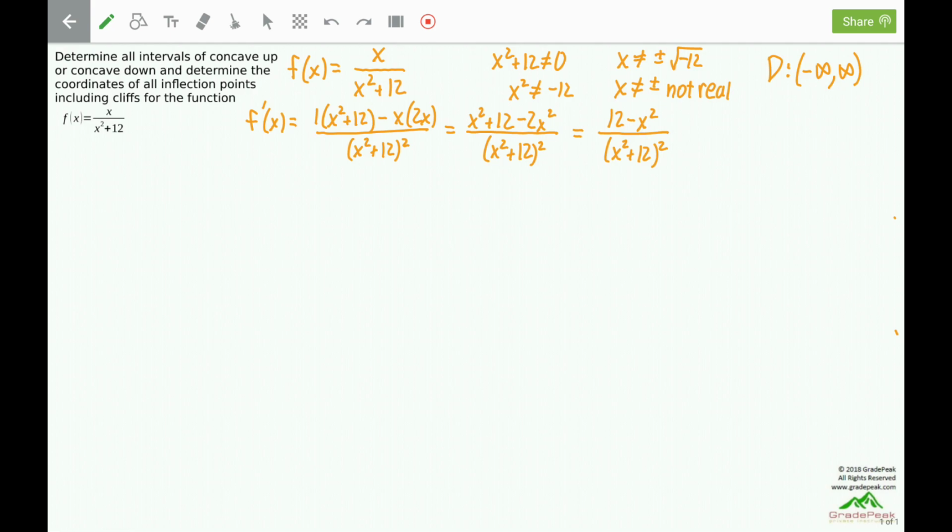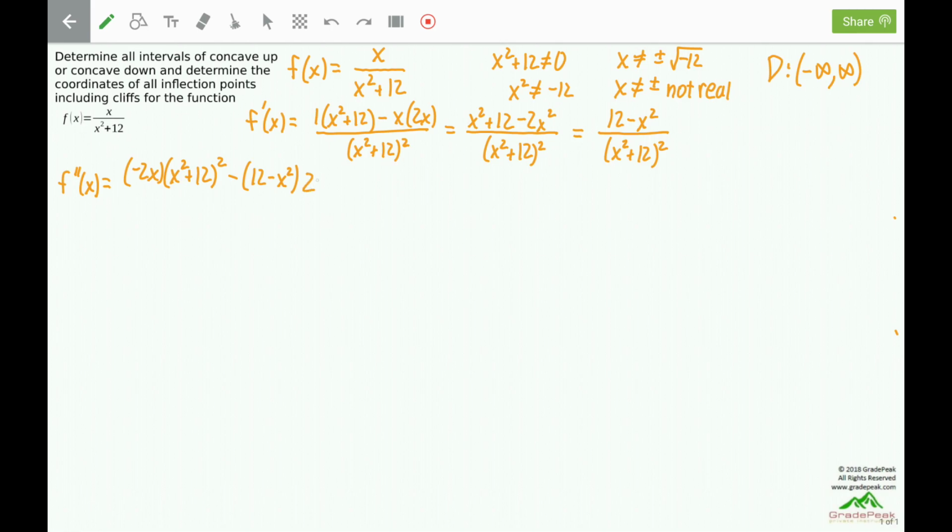We can take the second derivative from here. The first derivative resulted in what is a quotient of two expressions of x, so the second derivative will also require a quotient rule. F double prime of x equals the derivative of the numerator, which is a negative 2x, times the denominator left alone, x squared plus 12 to the power of 2, minus the numerator left alone, 12 minus x squared, times the derivative of the denominator, which is a power rule.